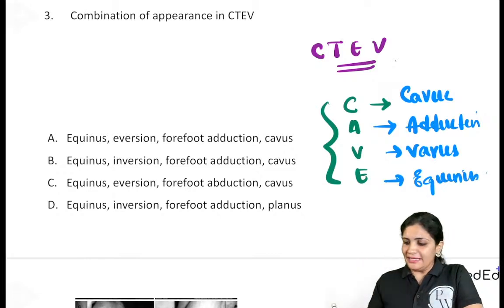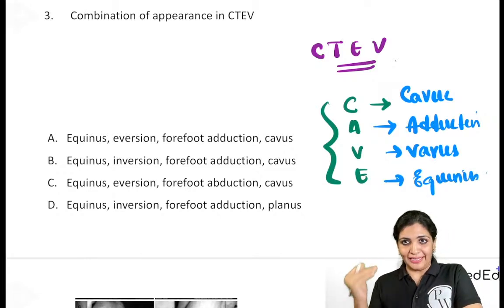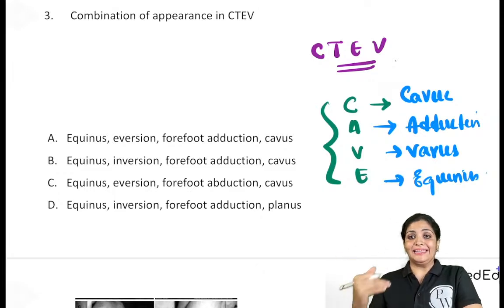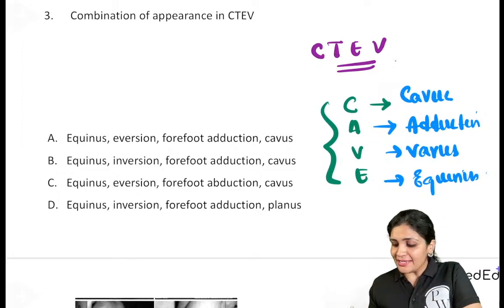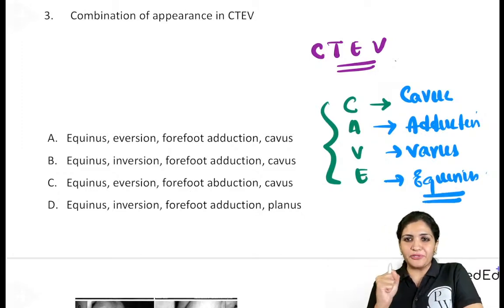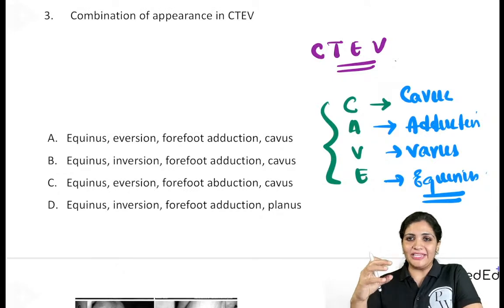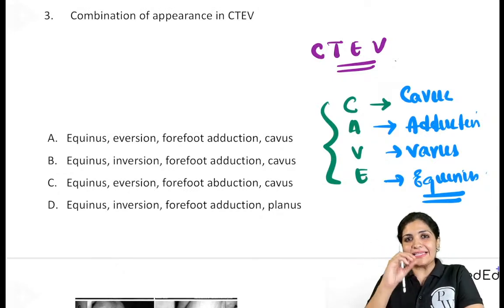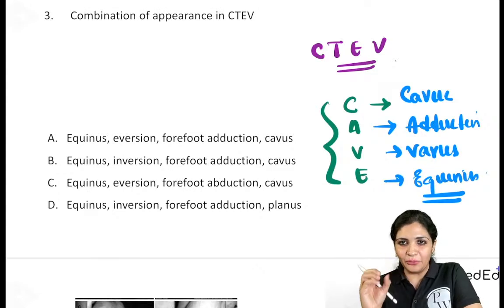If you remember, adduction is seen in the forefoot, the cavus in the midfoot, the varus in the hindfoot, and equinus in the ankle, right? Equinus is because of the contraction of the posterior part, that is your tendo-Achilles, where the foot goes into equinus, and cavus is in the midfoot where the arch is elevated.